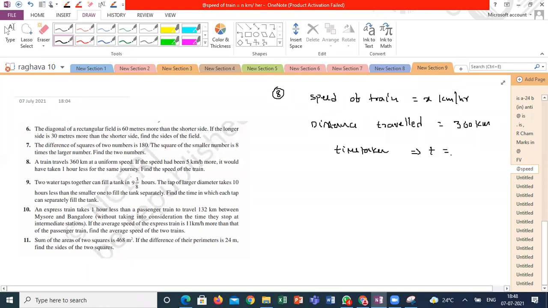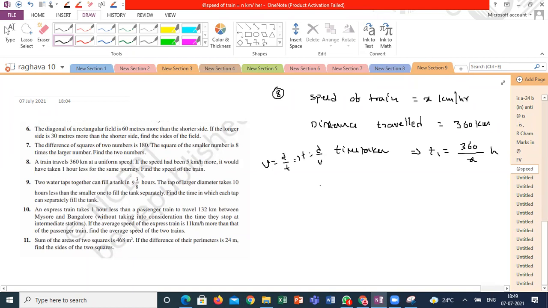Time is equal to distance by velocity. So 360 by x, sir. Time is equal to distance by velocity. So 360 by x hours.